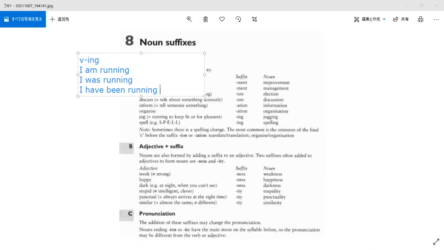Past perfect continuous. Okay, that's verb-ing.